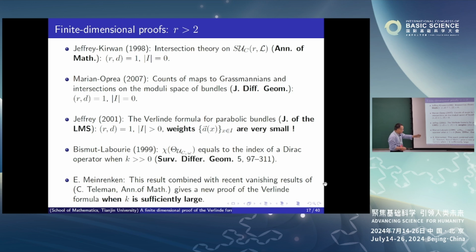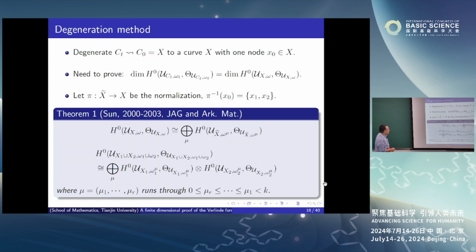So anyway, this Verlinde theory for the general case is still open, but for many groups, we have a different proof, in fact. We use the moduli space method.